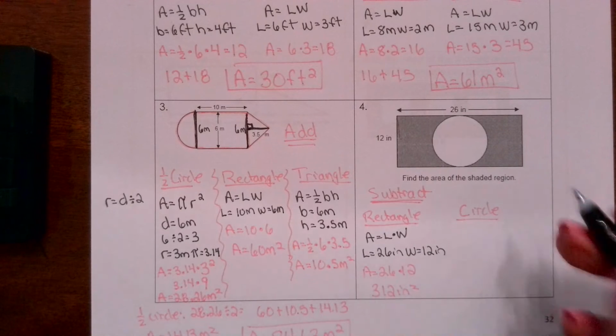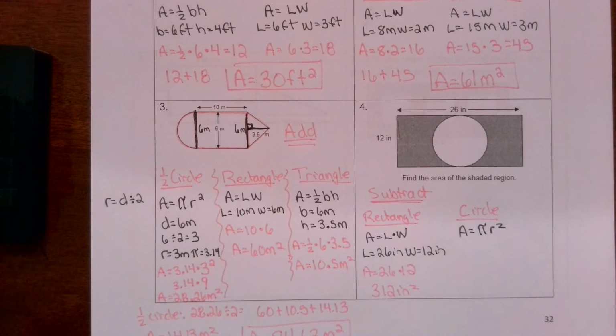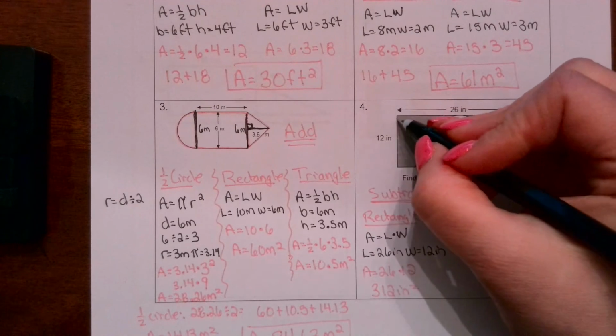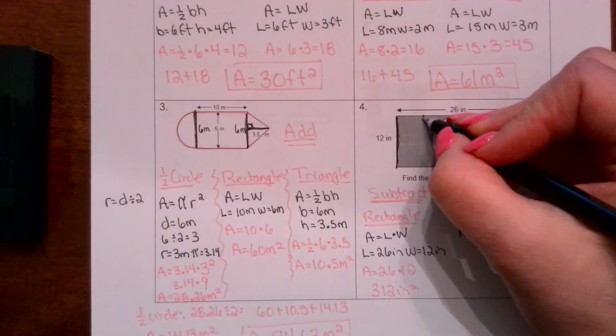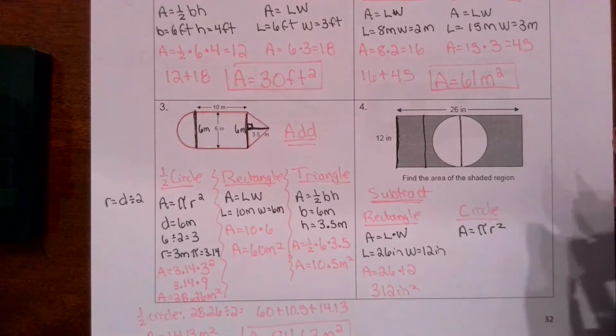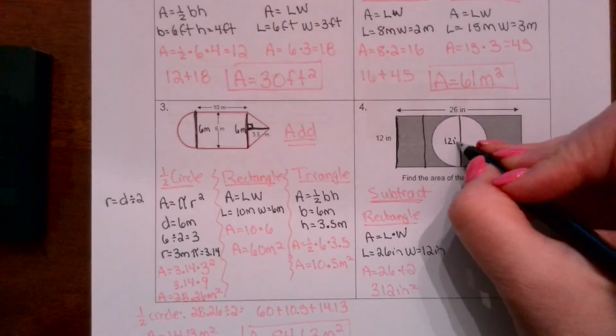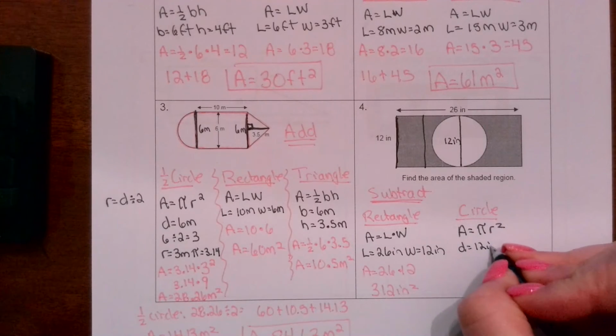In our last problem, we discovered that the area of a circle is pi times r squared. Well, I need the radius. So I've got to think, well, I don't have anything here, but I do know this measurement all the way down, so I could put it all the way down the center, is 12 inches, right? So my diameter equals 12 inches.